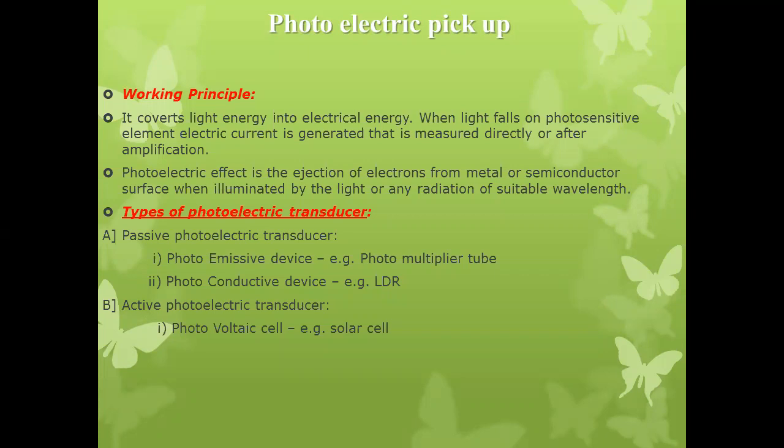LDR means light dependent resistor; the resistance of that LDR changes with change in light intensity. In a smart city, the street light is provided with an LDR. That LDR senses the light intensity present in the atmosphere and gives a signal to the lamp to glow.